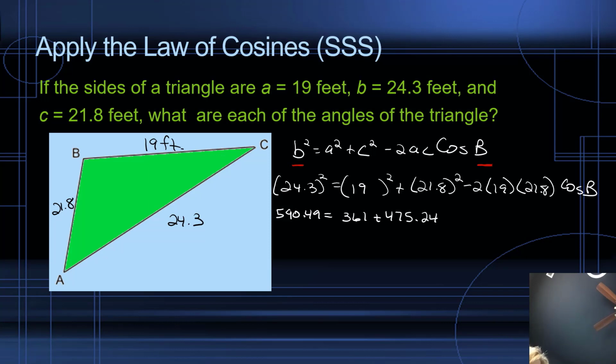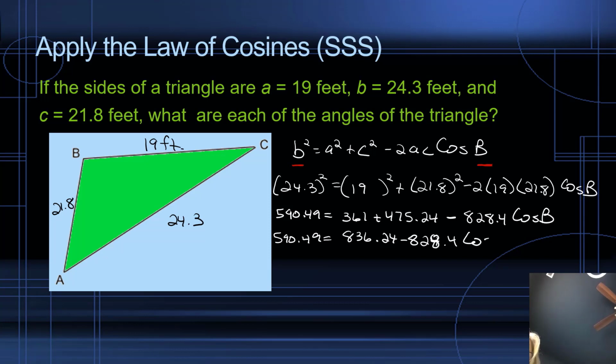And then I just do that multiplication of the 2 times 19 times 21.8, and that equals, so we'll go minus 828.4 cosine B. Okay, first thing I'm going to do is combine 361 and 475.24, and that equals 836.24.